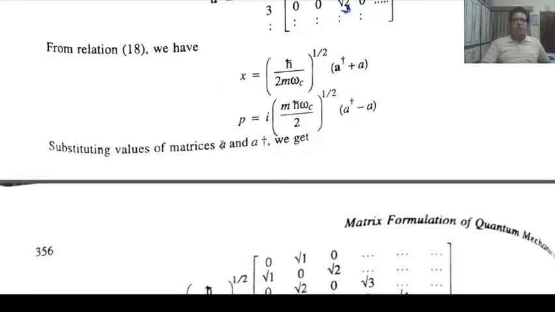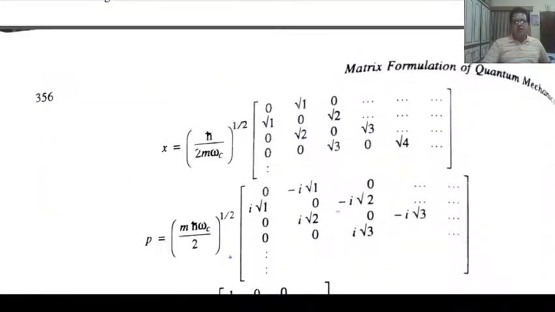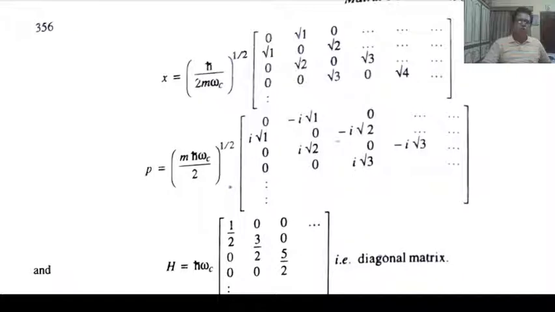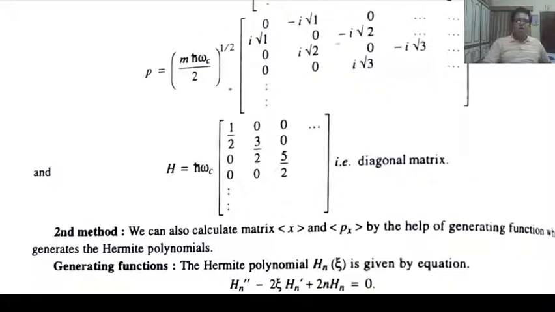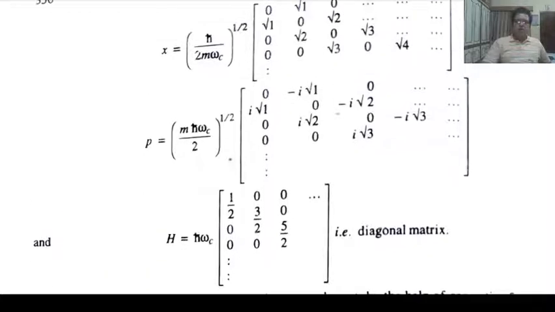Substituting the matrices a and a dagger here, you can easily compute the matrices for x and p. You just replace the matrices for a dagger and a, adding and subtracting these matrices, you get the matrix for x, p, and also you can calculate the matrix for h. So this is the method for calculating by using the operator method.